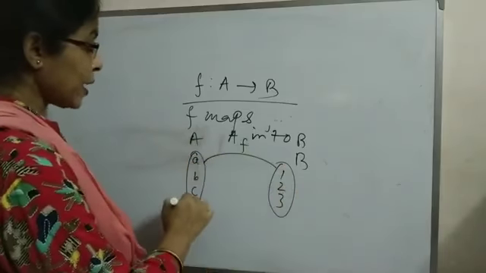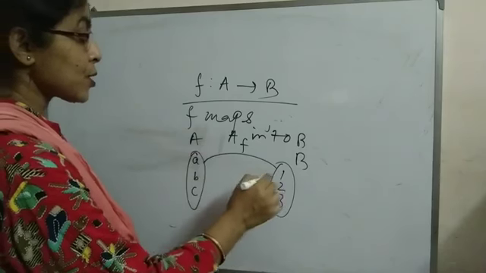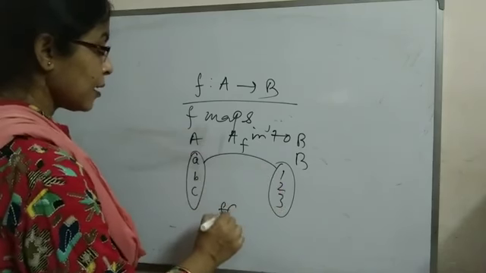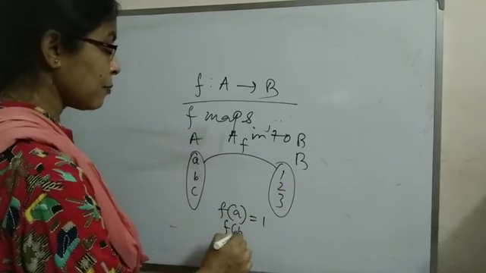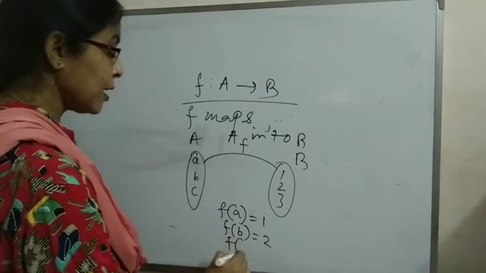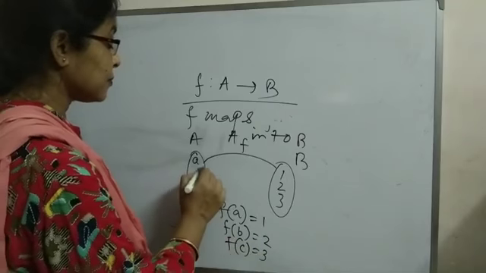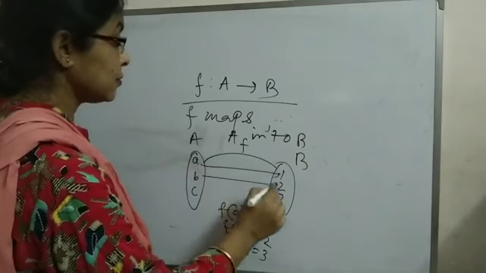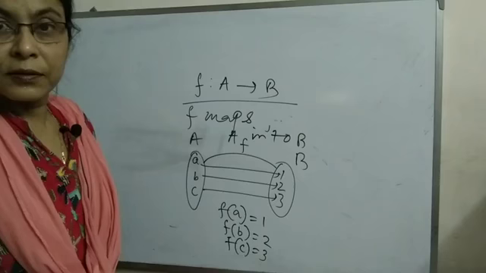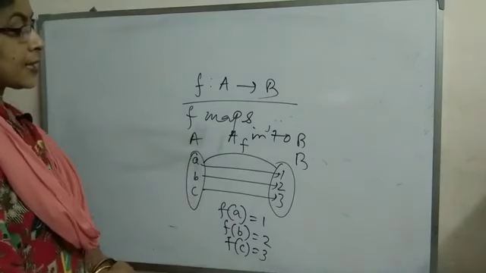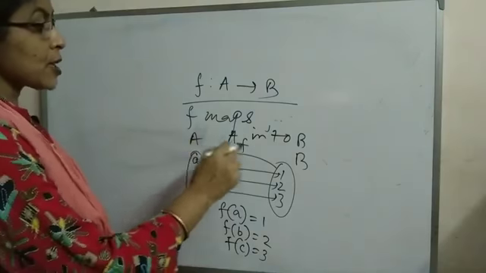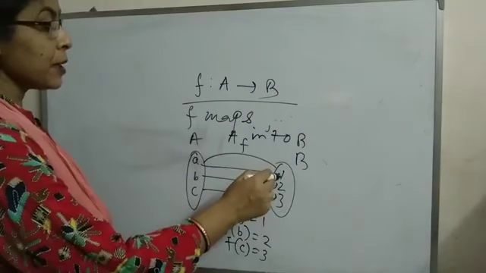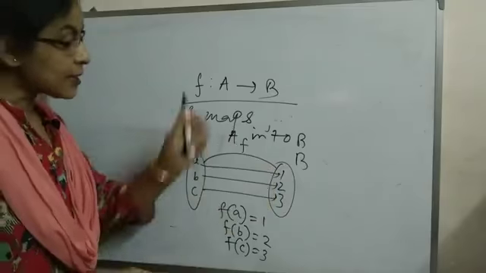And elements of A are associated with elements of B by F. If I write F(a) equal to 1, F(b) equal to 2, and F(c) equal to 3, so I can say all elements of A are associated with elements of B by F. This is mapping.